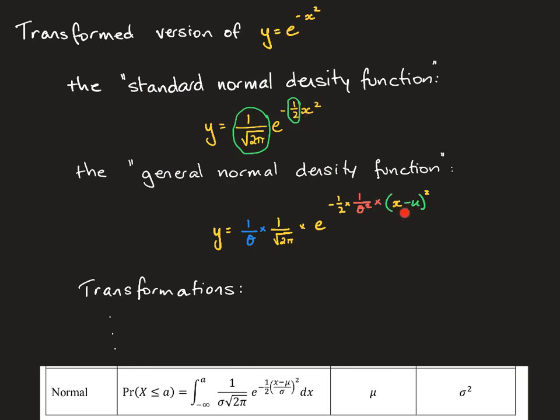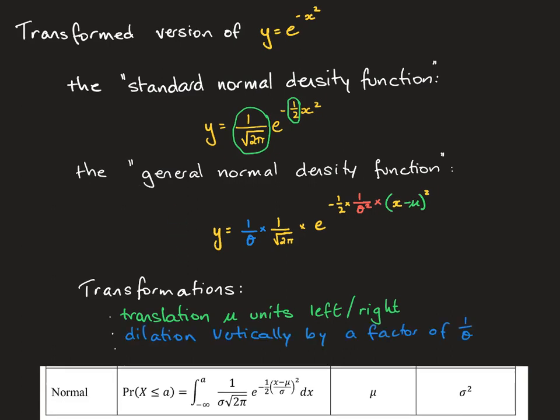And so what that means is that the mean is a translation left and right. The one on sigma at the front here is a vertical dilation factor, by a factor of 1 over sigma.